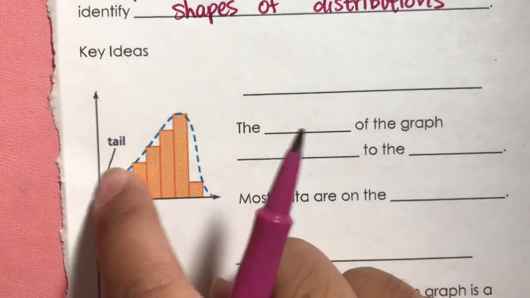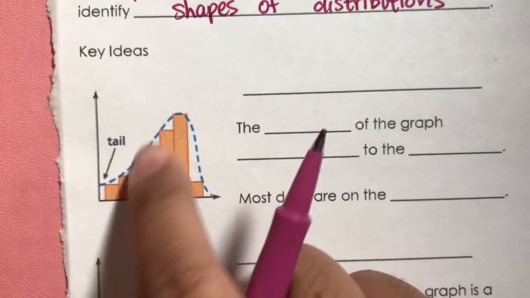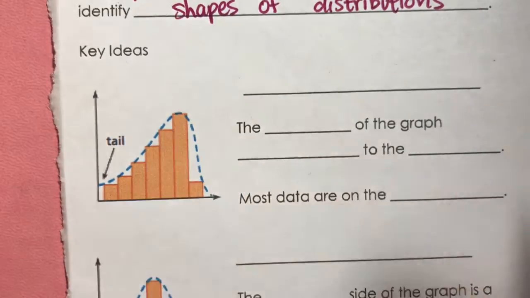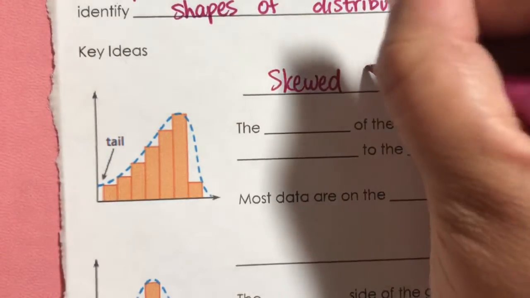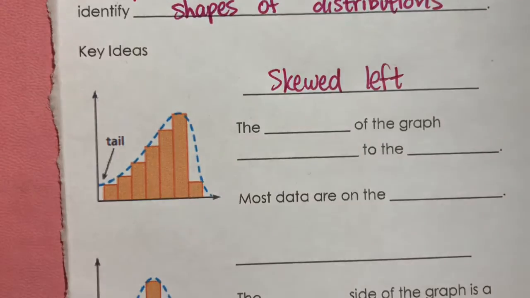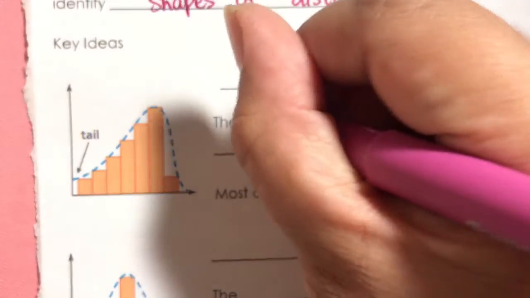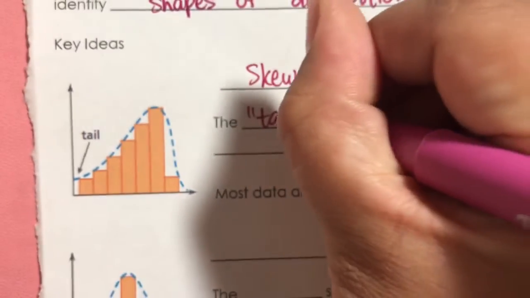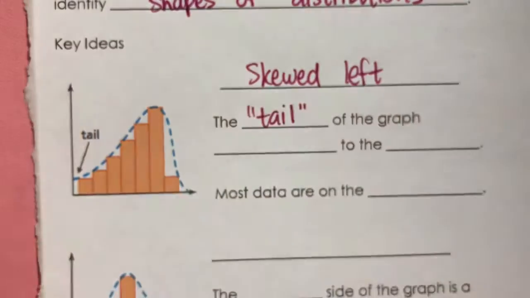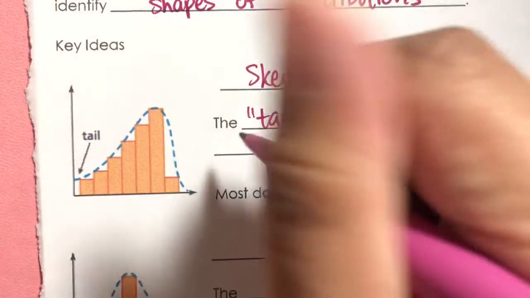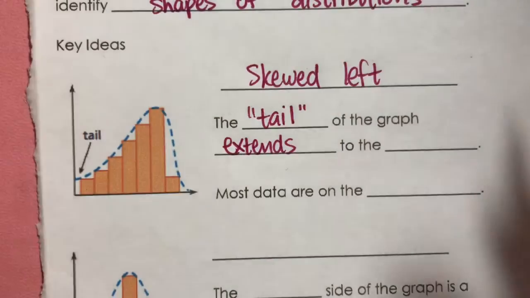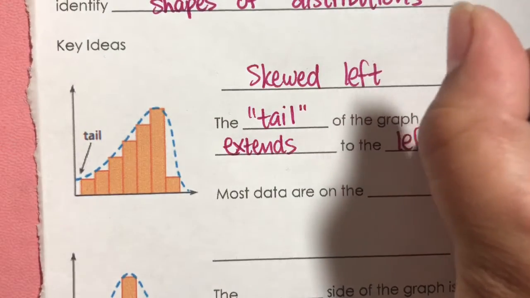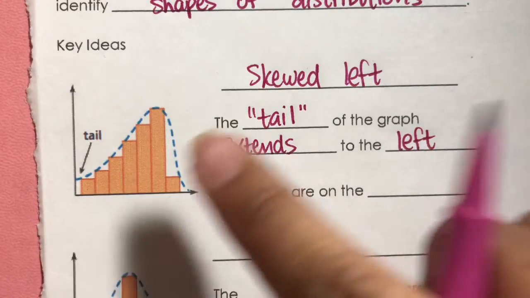So a graph like this, a histogram or a bar graph like this, is going to be skewed left. And here's why. The tail, which is this part right here of the graph, extends to the left, meaning it's going to the left, and that's exactly what it's doing.